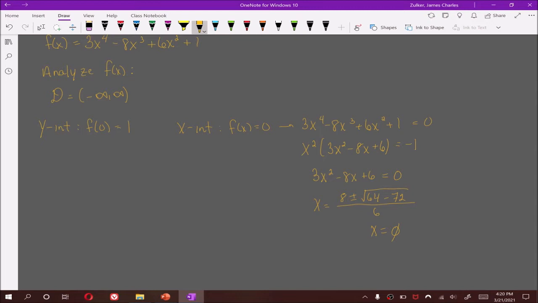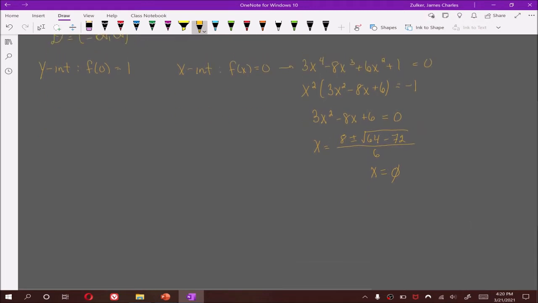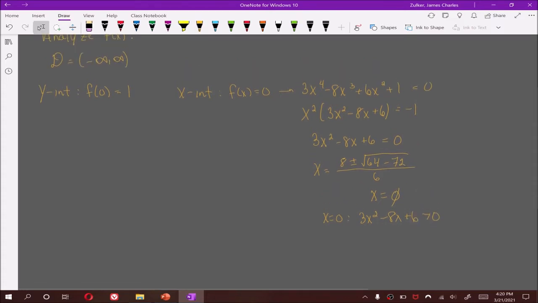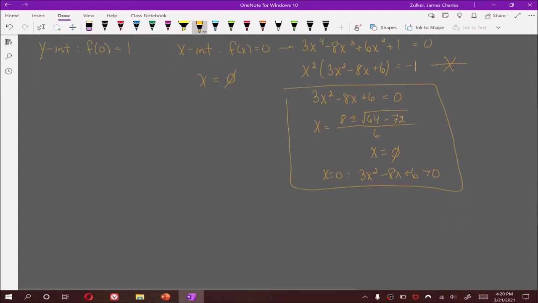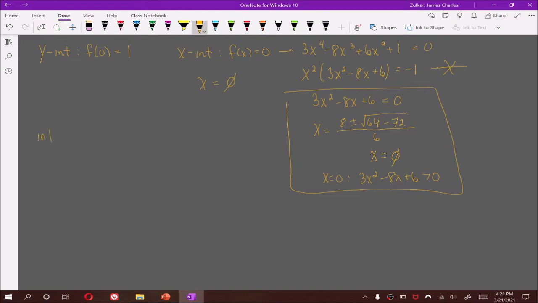If we take any number, plug in x equals 0, we find that 3x squared minus 8x plus 6 is always greater than 0. Therefore, this statement up here is a contradiction, and we get no solution. So we only have a y-intercept at 0, 1.